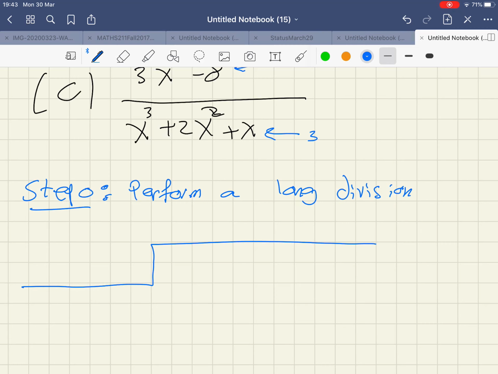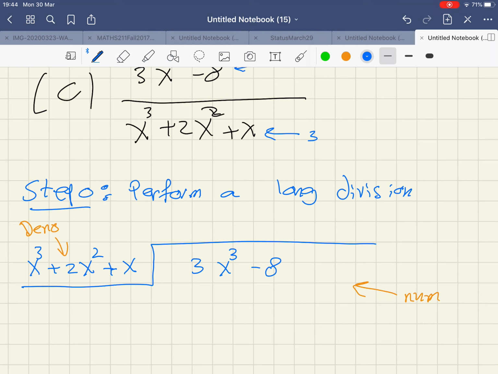I'm sure it reminds you of your school days, and I want you to write for me here the numerator, and here you write for me the denominator. So go ahead and write the numerator, minus 8. And here you write x cubed plus 2x squared plus x up here.